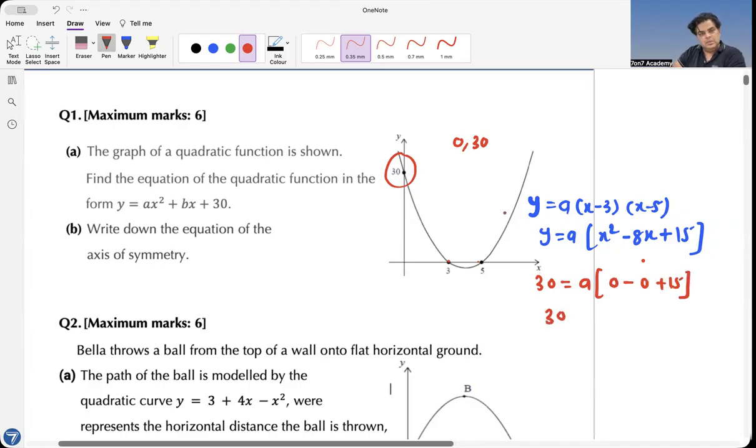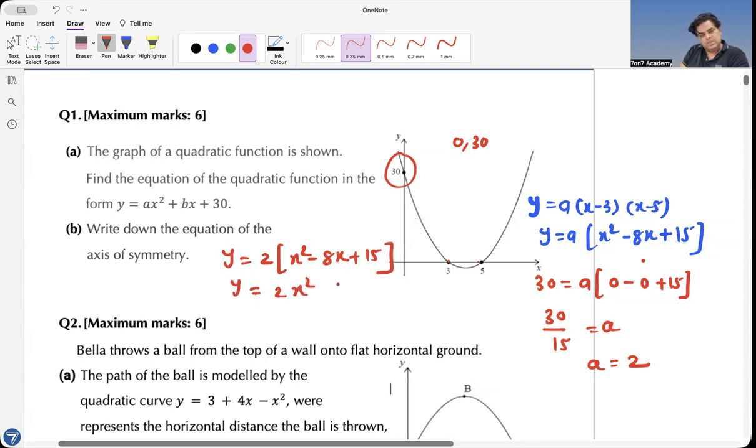So 30 over 15 is equal to A. So A is equal to 2. So the equation is y is equal to 2(x square minus 8x plus 15), so y is equal to 2x square minus 16x plus 30.